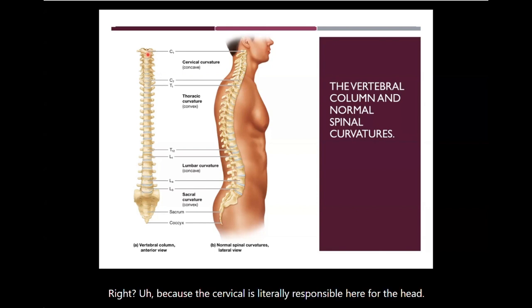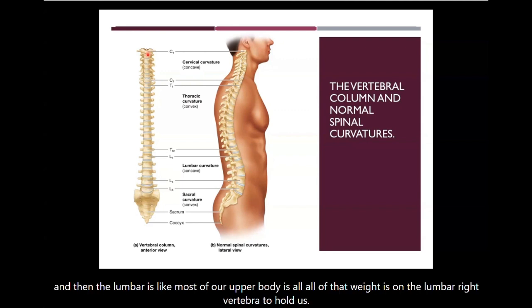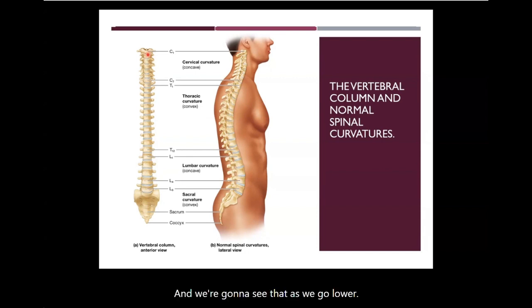Because the cervical is responsible for the head, and thoracic is the upper body, and then most of that weight is on the lumbar vertebra to hold us. And we're going to see that as we go lower, this part of the vertebra, which we call the body, is going to get bigger and bigger, okay?